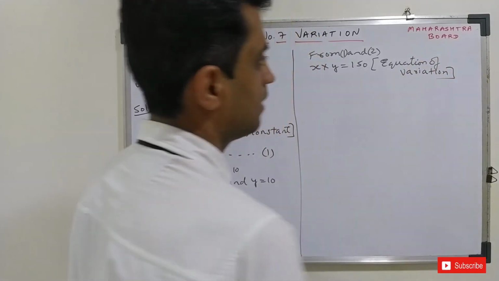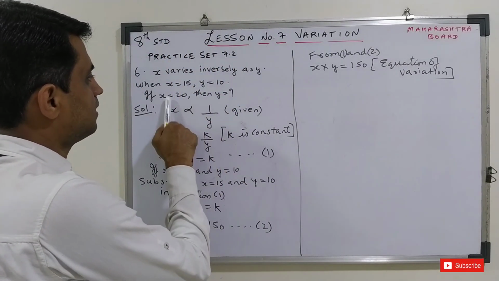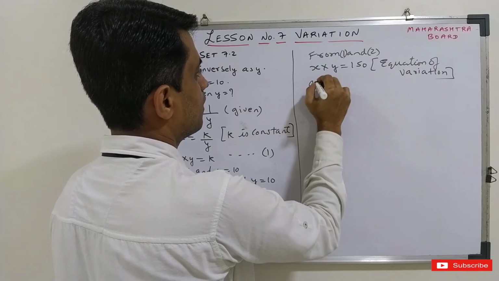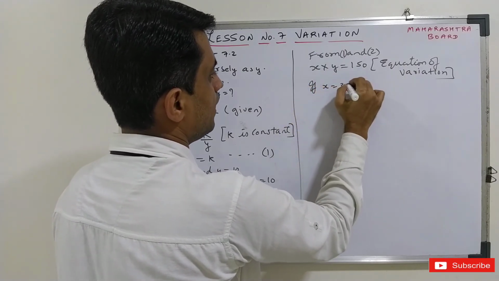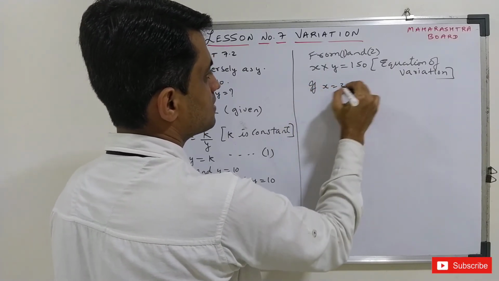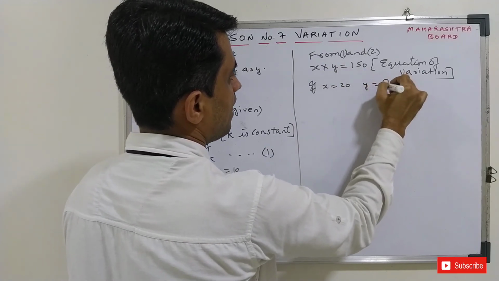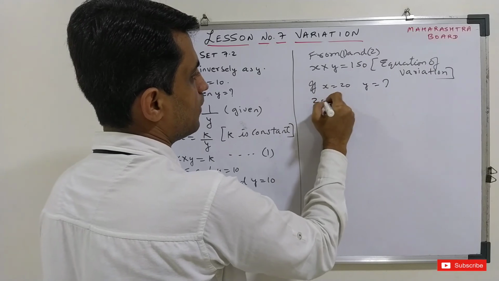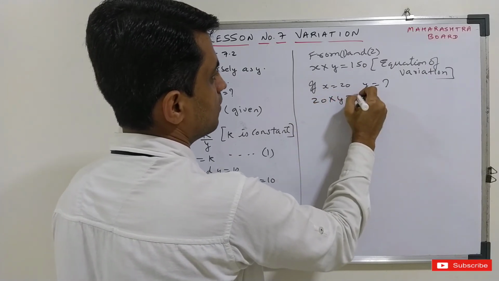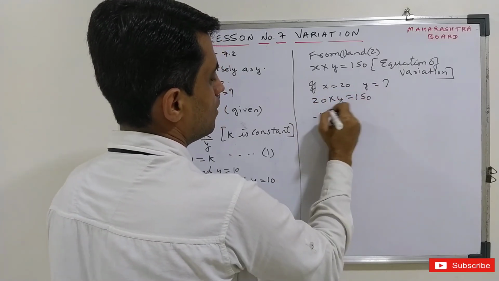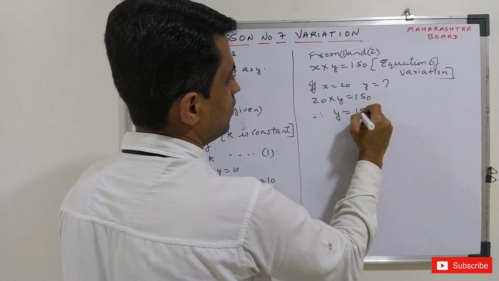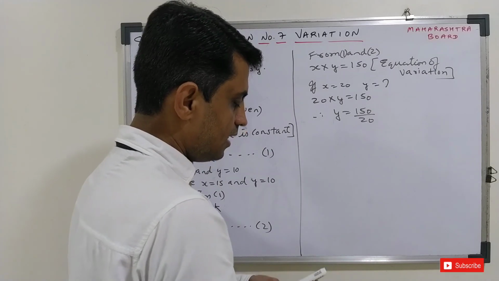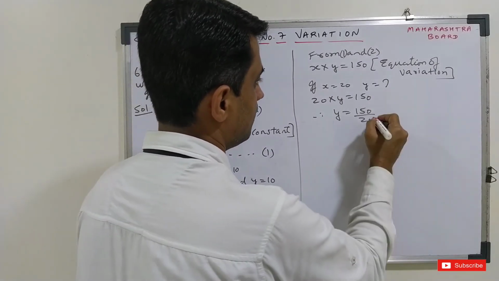Same method again, repeat it. Now let us see here. x is 20, so we will write: if x is equal to 20, we have to find y. So what will we write? 20 into y is equal to 150. So y is equal to 150 upon 20. Now here the 0s get cancelled.